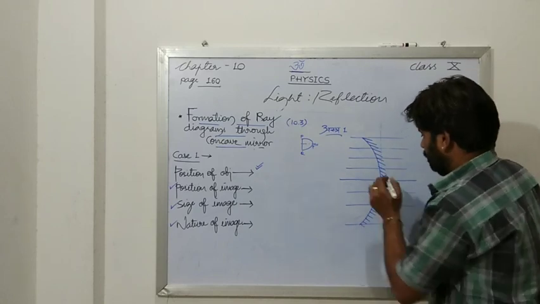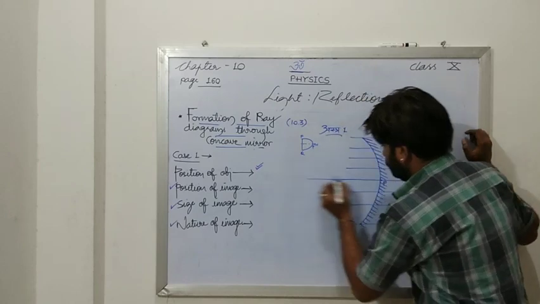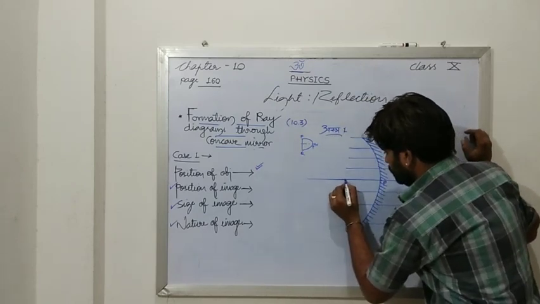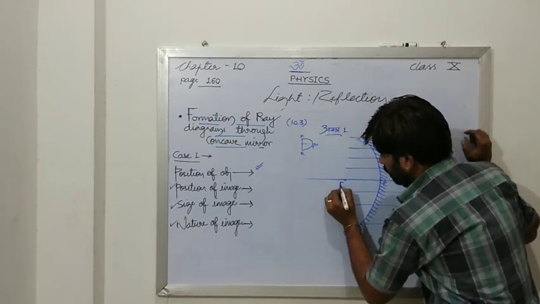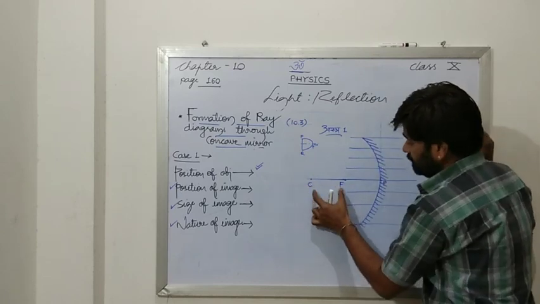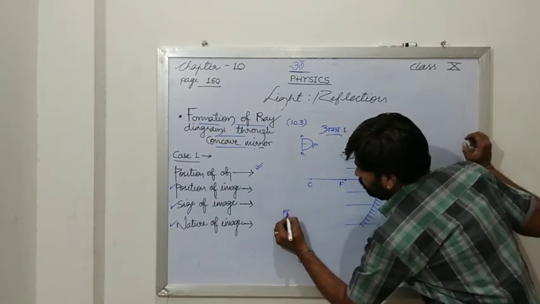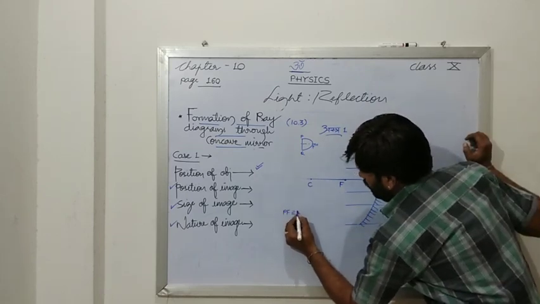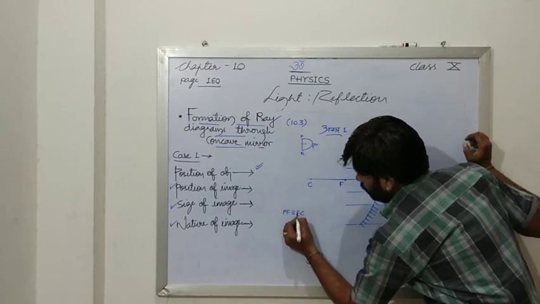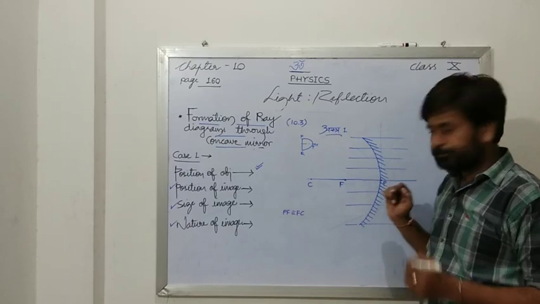Now after that we will define the focus F and the center of curvature C. See this distance PF, this distance PF will always be equal to FC for negligible aperture of this mirror.